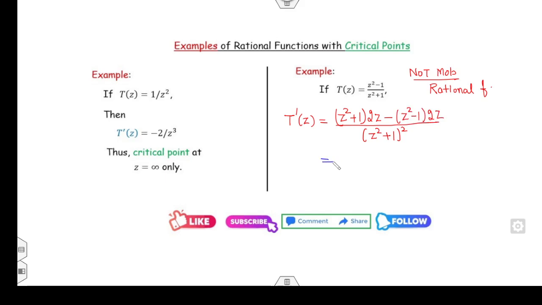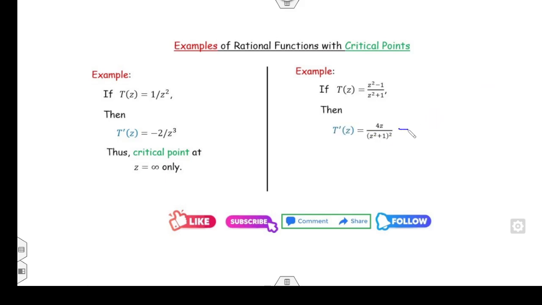If you open the bracket, z square cancels, it's 4z divided by (z square plus 1) whole square. Fine. Now can it be 0? This is 0 if z is equal to 0. Therefore you can say z equal to 0 is the critical point.